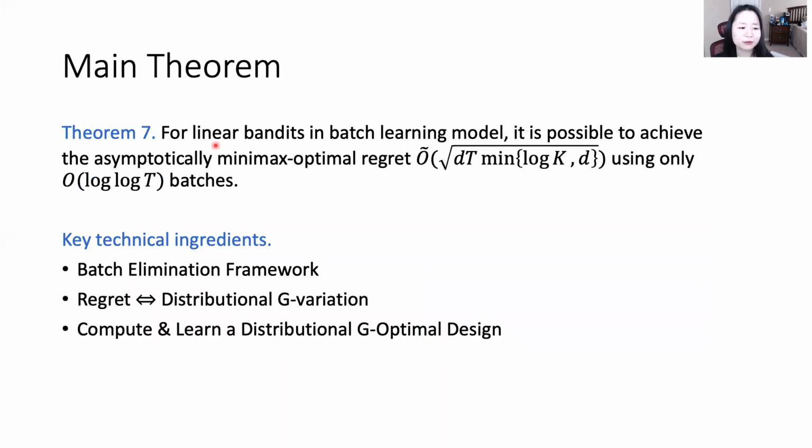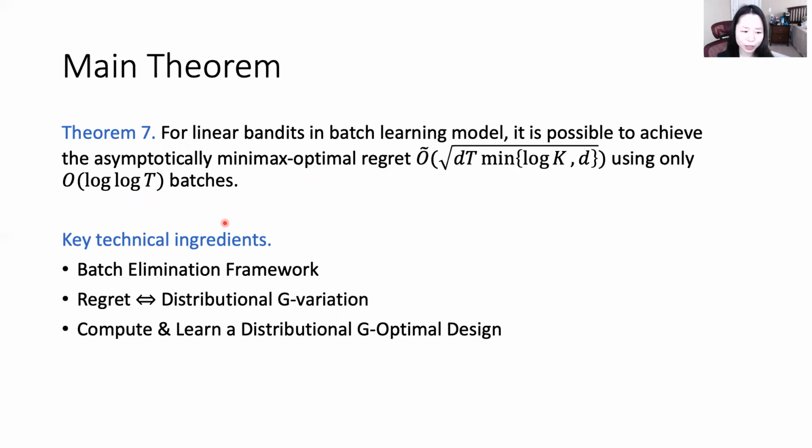As I mentioned before, the main contribution of our paper is stated in Theorem 7 in the paper, which says that for linear bandits in the batch learning model, it is possible to achieve asymptotically minimax optimal regret, which is almost of the order of square root of dT, using only log T batches.